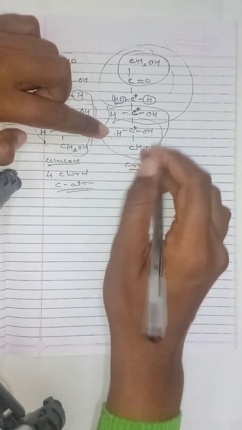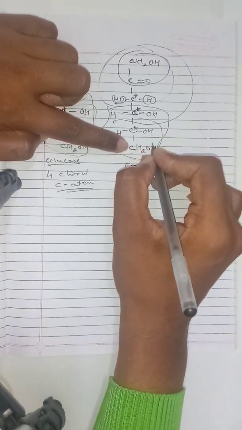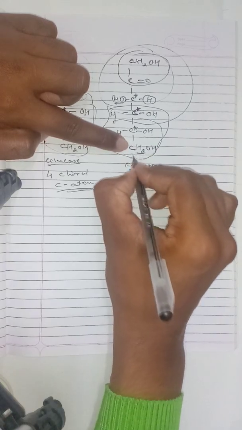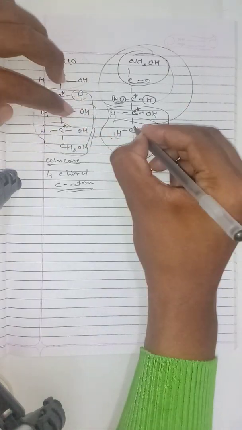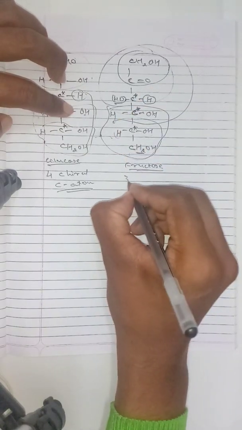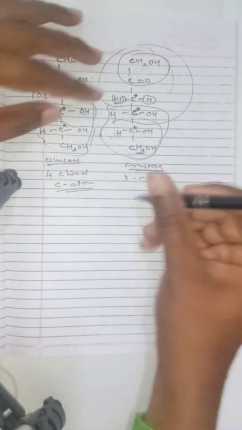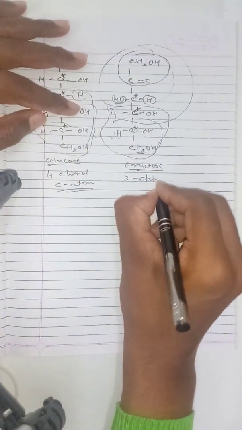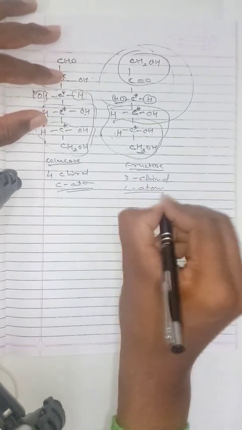This carbon is not chiral because the two hydrogen atoms here are the same. So these are three chiral carbon atoms.